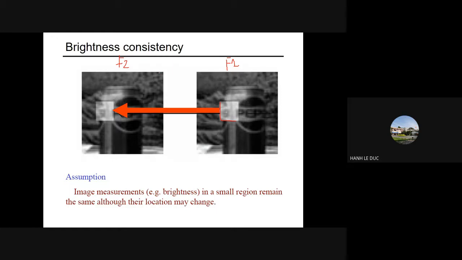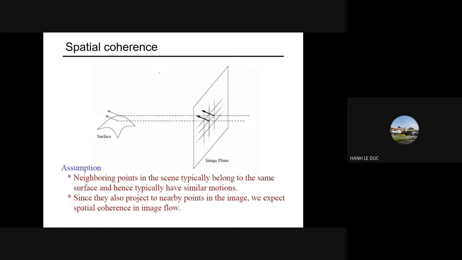And spatial coherence means that the first frame and the second frame have to lie on the same surface.